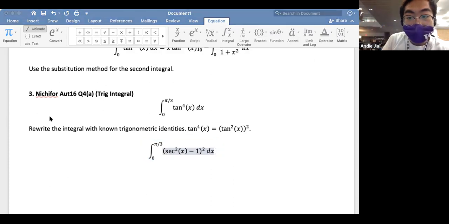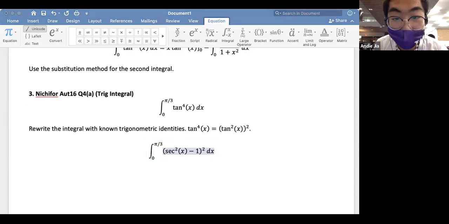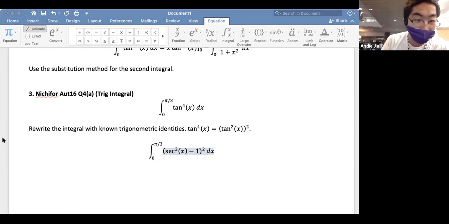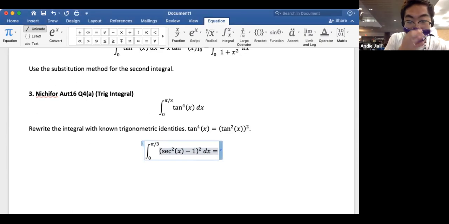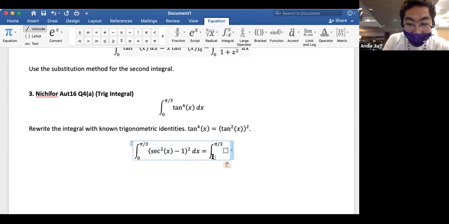Then just expand this, and then do a u-sub. Then we rewrite the integral; the upper bound still remains the same. It's pi over 3 and 0.